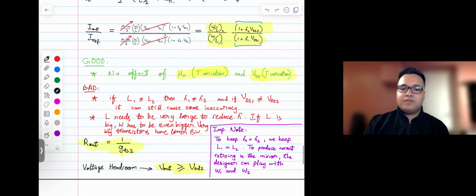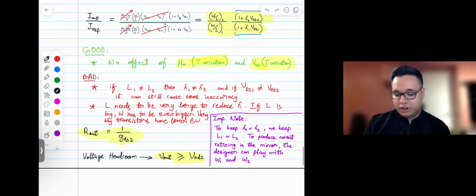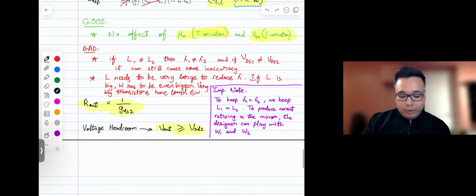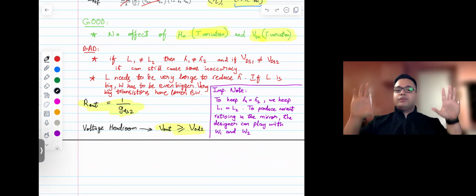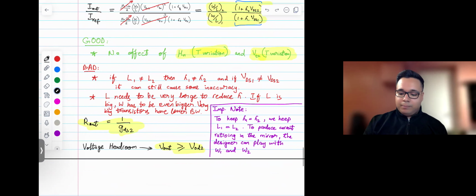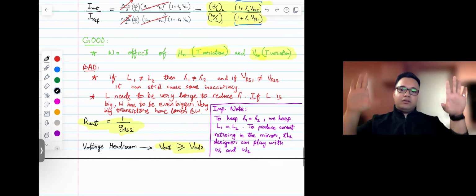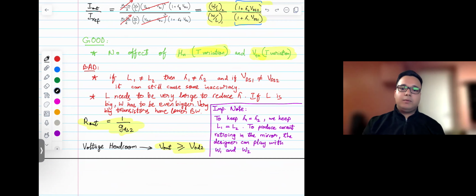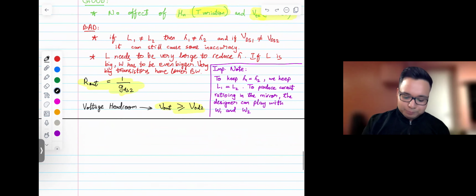Or I wouldn't say it's a disadvantage, it's a design consideration. Maybe bandwidth is important to you, maybe it's not. So it depends on what you're trying to achieve with this current mirror. But anyway, layout area would be one of them, right? If you're increasing the length of both of the transistors to achieve a smaller lambda, then you're basically increasing the layout area. So that's also a thing.